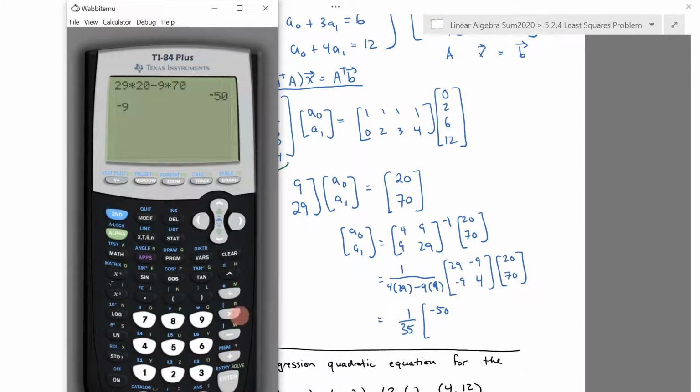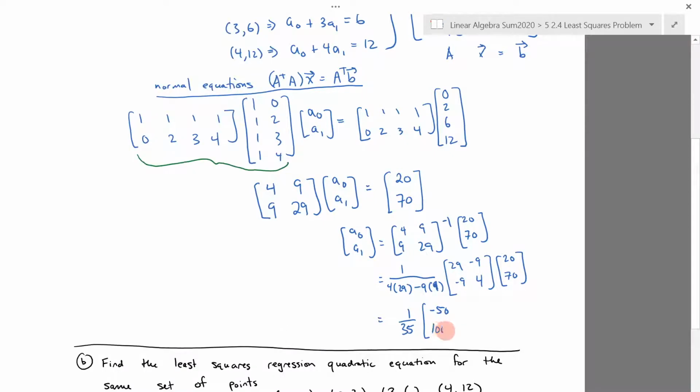Negative 9 times 20 plus 4 times 70 is 100. Okay, so negative 50 over 35 reduces, dividing by 5, so you get negative 10 over 7. And then 100 over 35, dividing by 5, you get, no, 20 over 7.